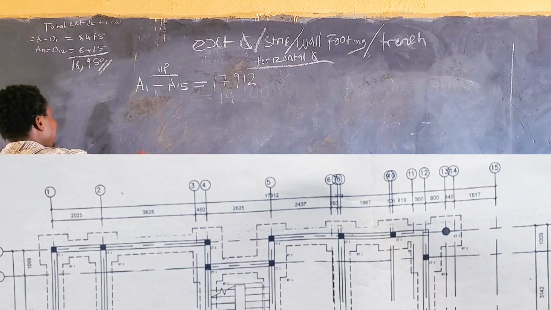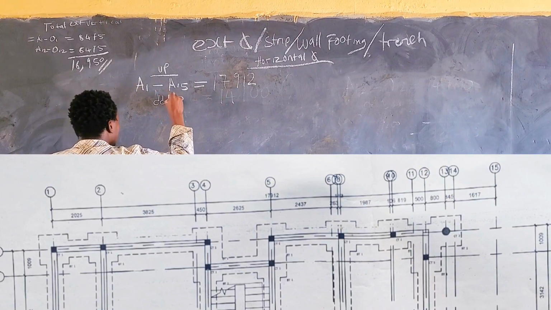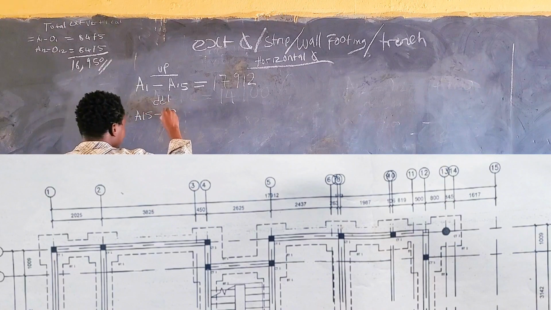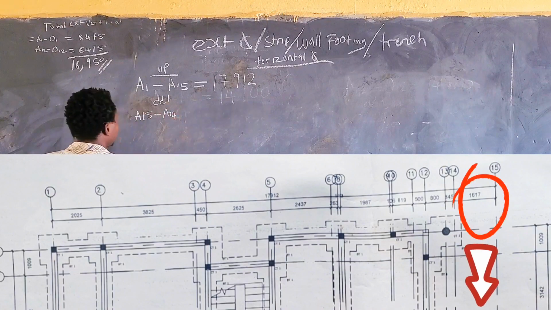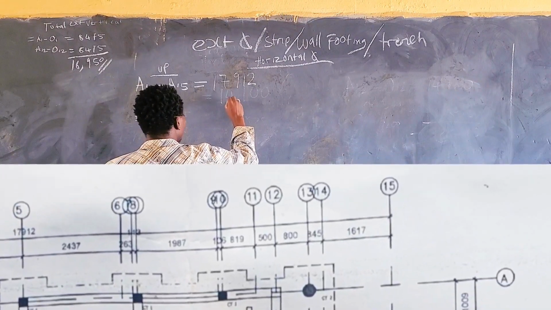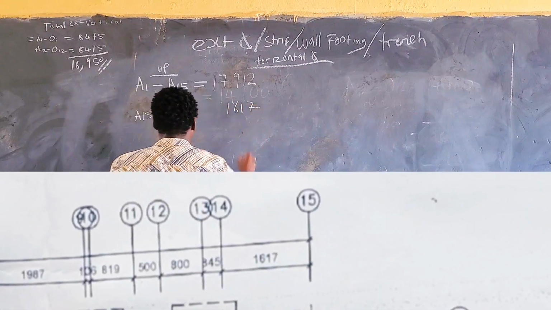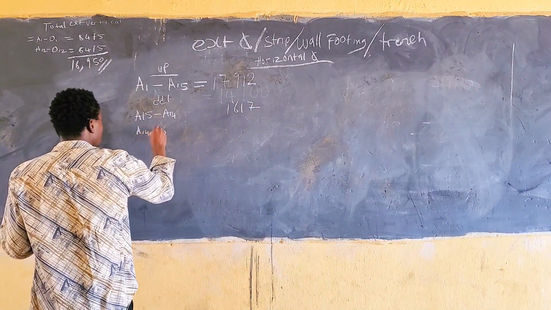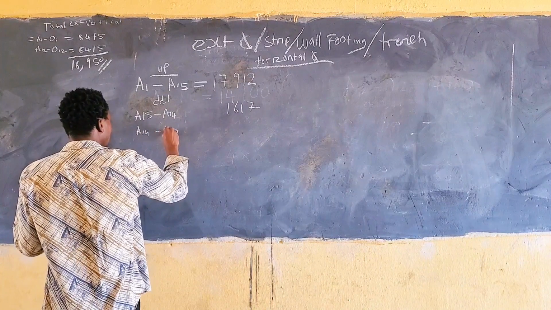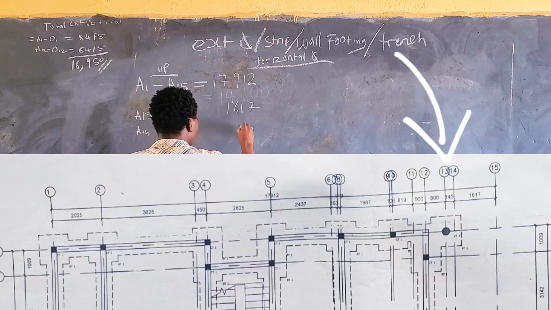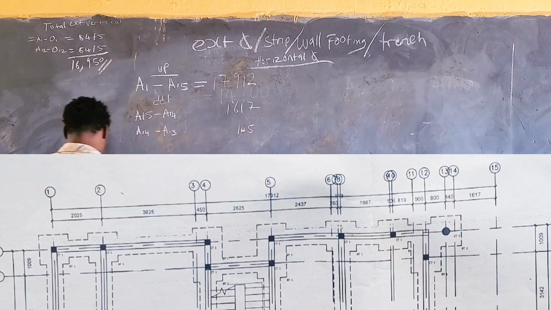So the first excess is A15. If you look at A15 to A14, there isn't any strip there. So A14, the dimension is 1,617. From A14 to A13, the dimension is 145.